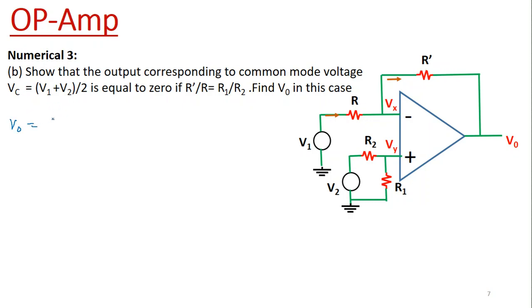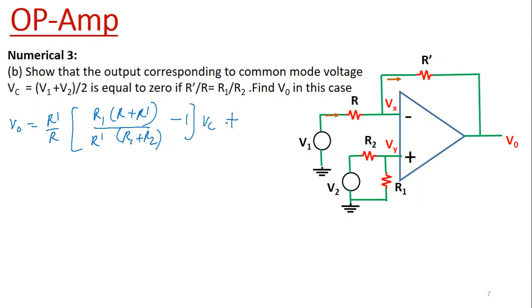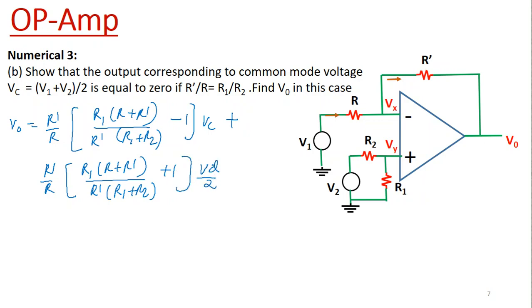So we get V0 is equal to R dash by R into R1 into R plus R dash divided by R dash into R1 plus R2, minus 1, into Vc, plus again R dash by R we take common, then R1 R plus R dash divided by R dash into R1 plus R2, plus 1, Vd by 2 will be there.